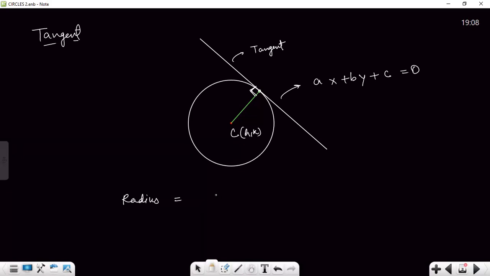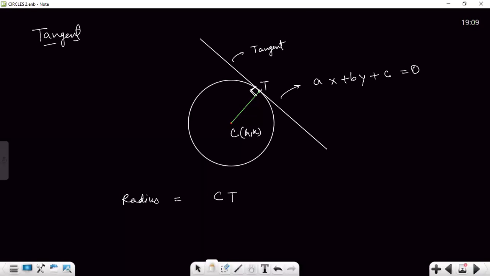will be equal to the distance between the point C, and let's call this point T, the point of intersection between the circle and the tangent, CT. So the radius here is equal to the distance between these 2 points, the center and the tangent point. This can also be found by using the distance formula if we know the coordinates.